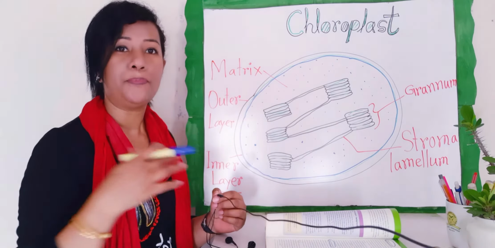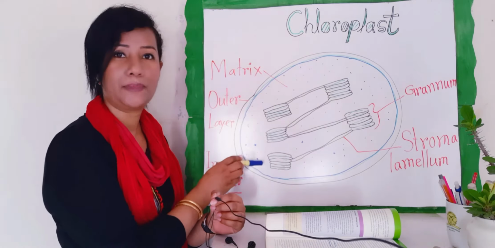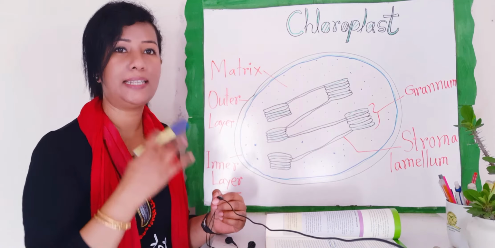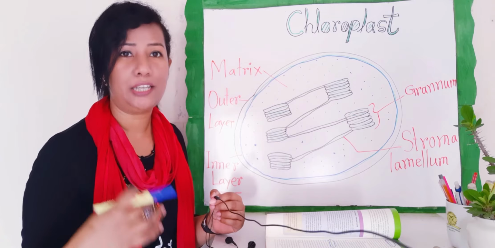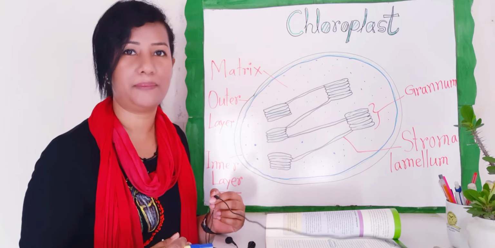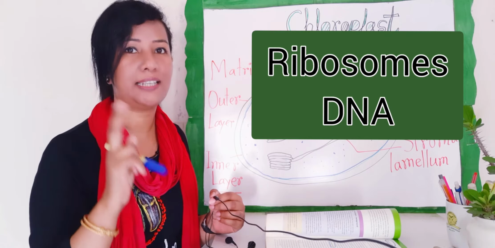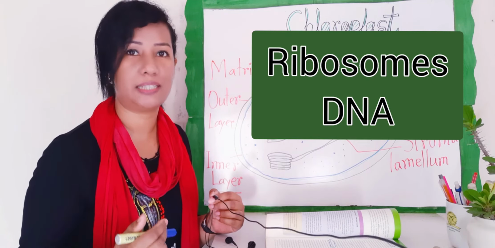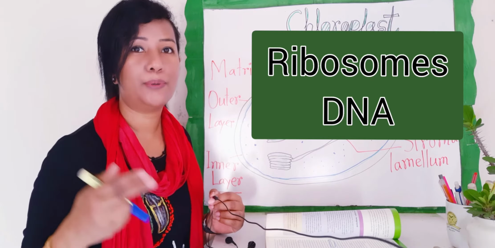So many layers deep, forming a structure called grana, and it has its own protein synthesizing machinery including 70S ribosome and DNA. Two things, ribosome and DNA. DNA is deoxyribonucleic acid.